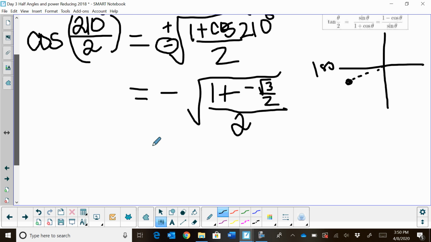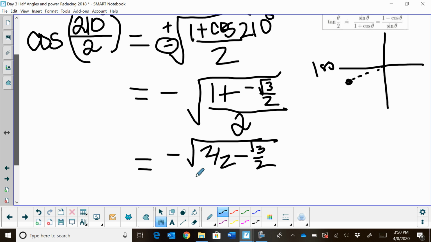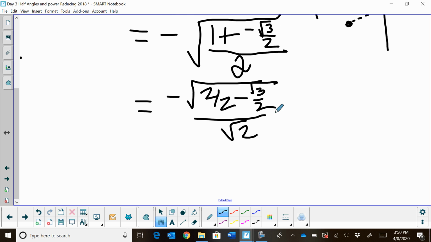So now let's simplify some of these. So we've got a negative, and in the numerator, I'm going to change the 1 to a 2 over 2 minus square root of 3 over 2, all over square root of 2. Now notice I separated those, and that's fine.